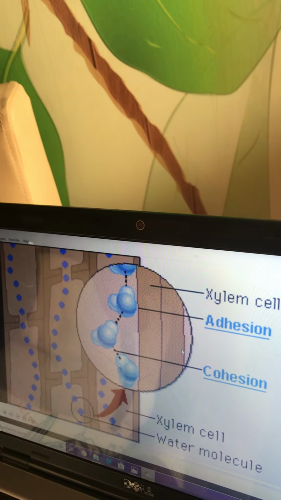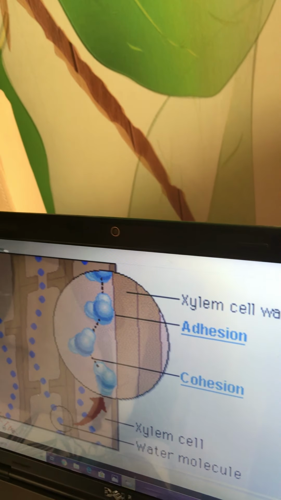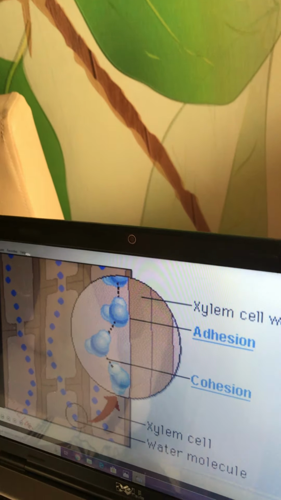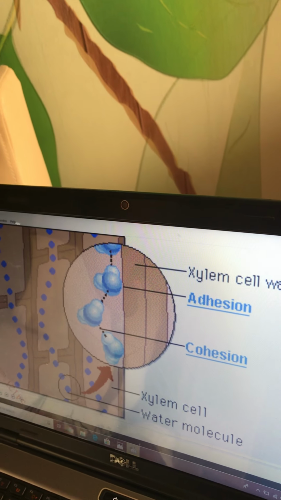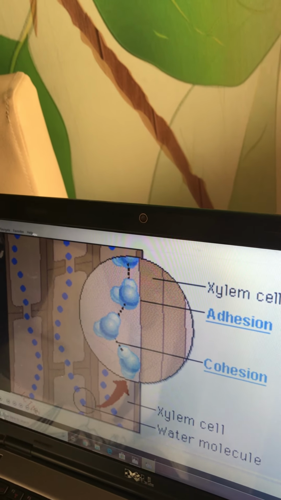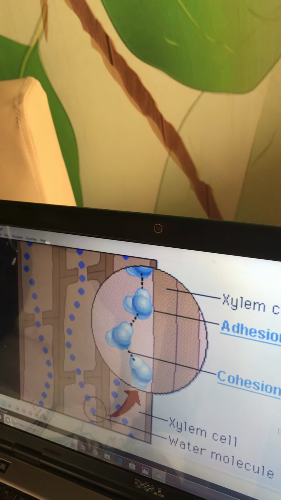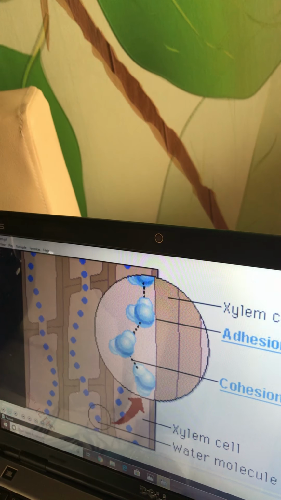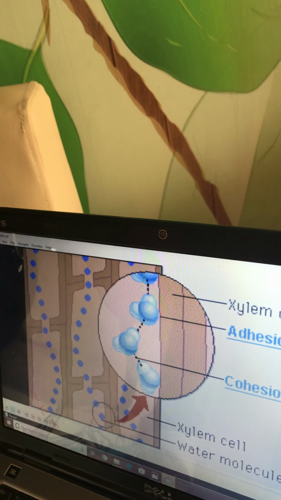So two physical forces are helping the water molecules to move, cohesive force and adhesive force. And the mechanism is root pressure, which is the pushing force, and the transpirational pull, which is the pulling force. So with this, the water will move from roots to leaves and the leaves perform photosynthesis.